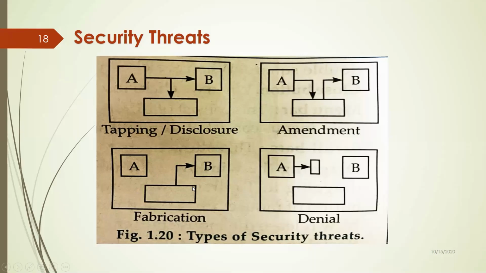So this is fabrication. And then the next one is denial. A is trying to send data to B, but some unauthorized program stops that particular data transfer. That is said to be the denial of the transfer.